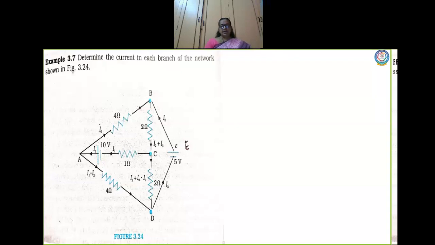So we'll take three different loops to get three equations, and when you simplify those three equations, you will get the values of the currents I1, I2 and I3. So here is where we are going to apply Kirchhoff's second law. To start with, we'll start with the closed loop. I'm going to take three loops, children. The first loop which I'm going to take is A D C A.